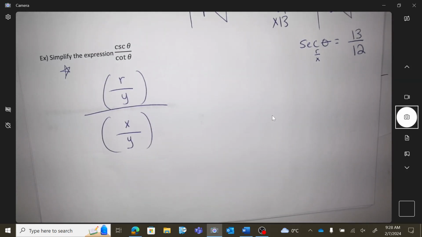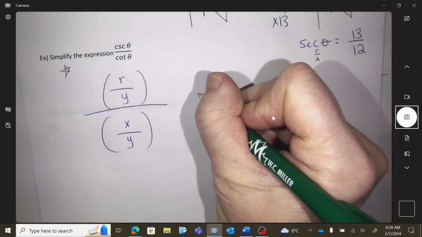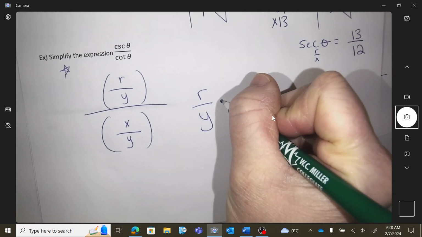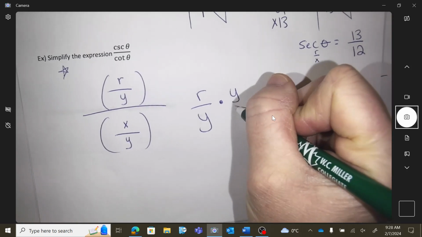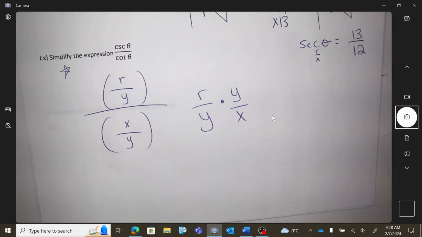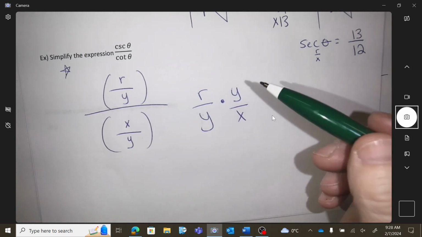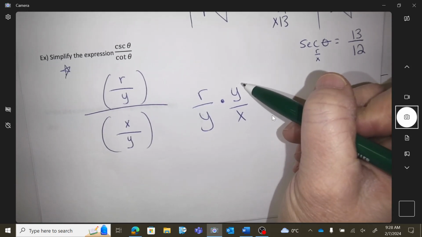Who knows what to do with two fractions divided? What would you do with two fractions dividing? You should multiply, flip, right? Multiply, flip fractions. Then, look at this y.